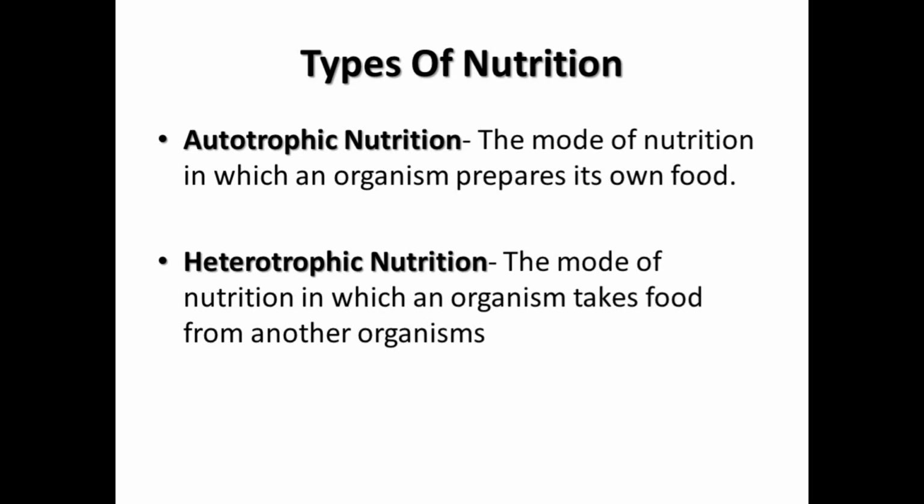And the second type of nutrition is heterotrophic nutrition. The term hetero means others. So the mode of nutrition in which an organism takes food from another organism is called heterotrophic nutrition. So these are the two types of nutrition. In this chapter we will be studying autotrophic nutrition and heterotrophic nutrition in detail.